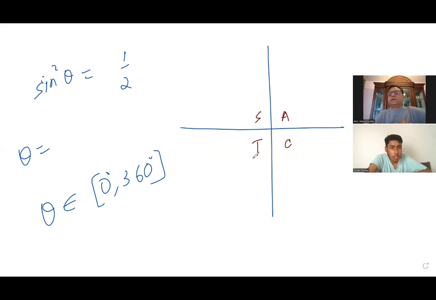Yes, sine square theta is half. Find the angle theta, where theta is between 0 to 360 degrees. Sine square theta is half. That means sine theta is what?